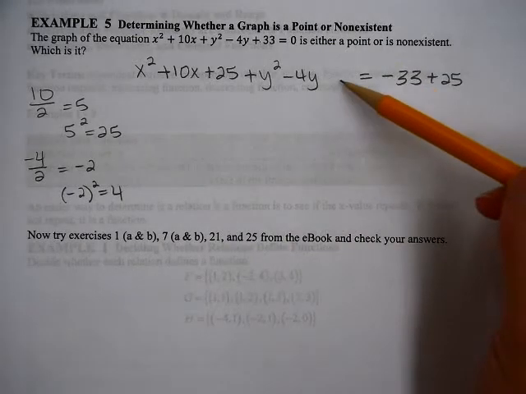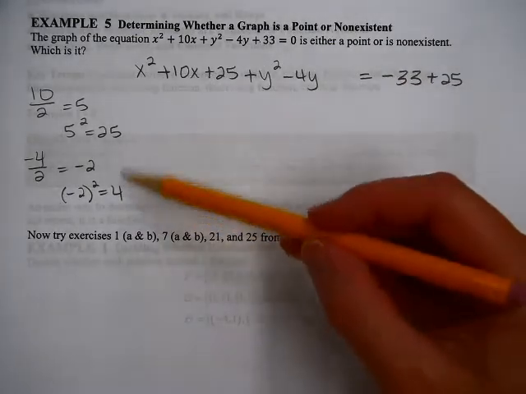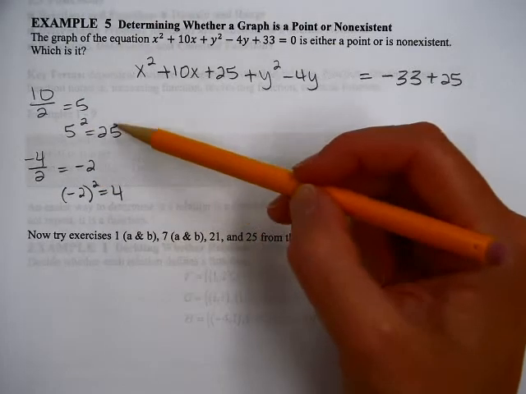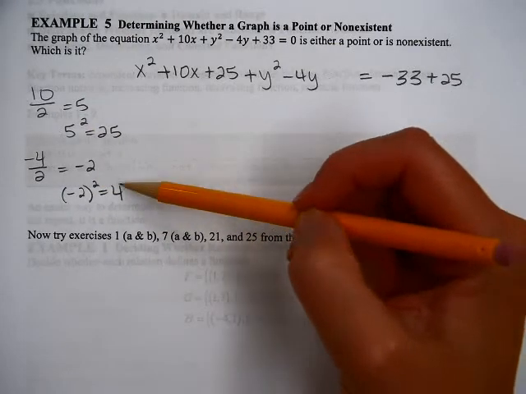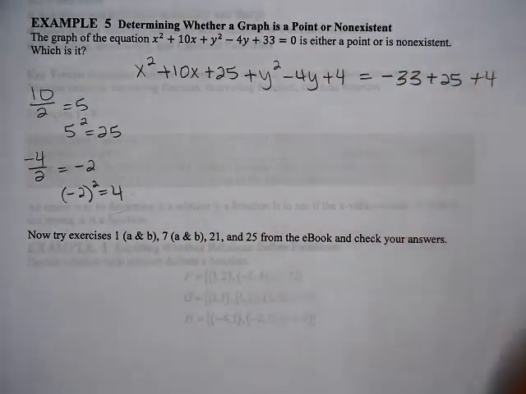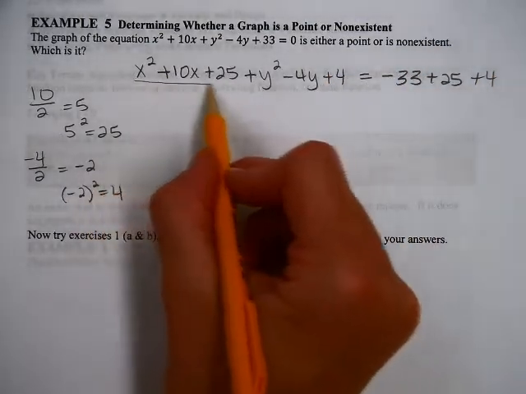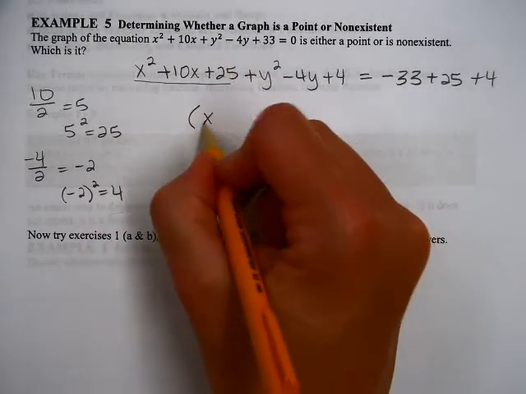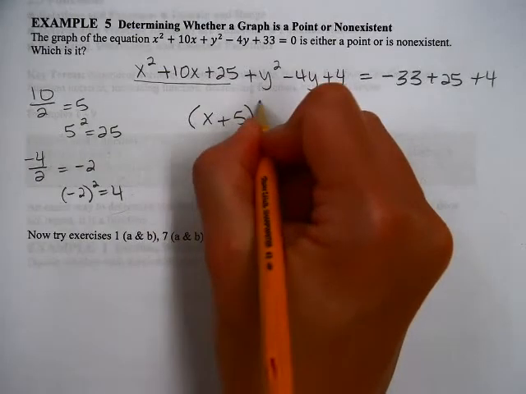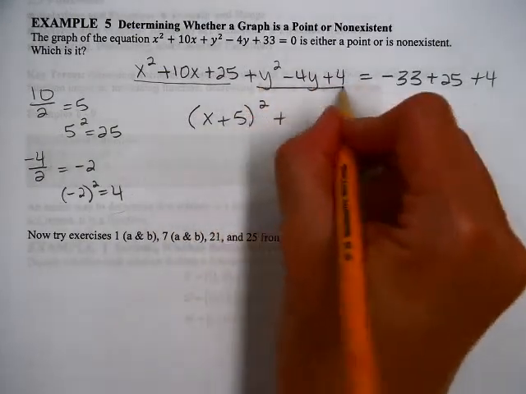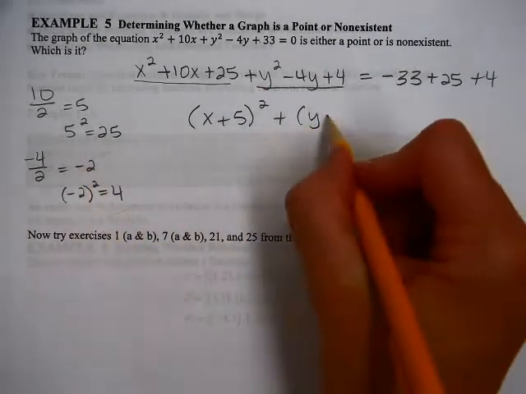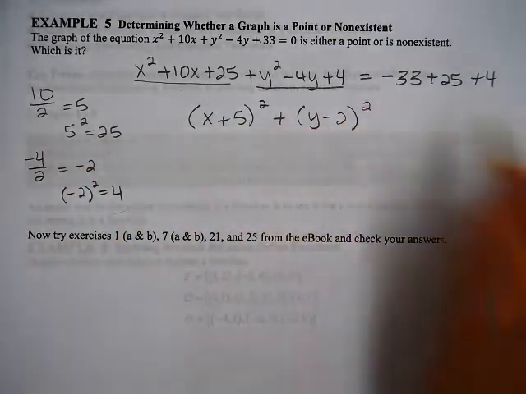You should be adding a positive number to both sides, because at this point you should have squared numbers, so this should always be positive. So I want to add 4 to both sides. Okay, well, this perfect square trinomial becomes x plus 5 squared, plus this perfect square trinomial becomes y minus 2 squared.